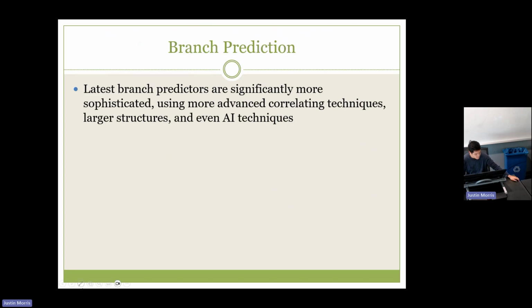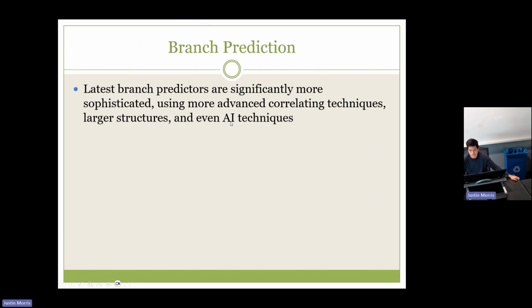All right, so this is a very simple branch prediction scheme. The latest branch predictors are significantly more complicated than this 2-bit predictor. They use a lot more advanced correlating techniques and much larger structures, including, it says AI, I don't like the word AI.